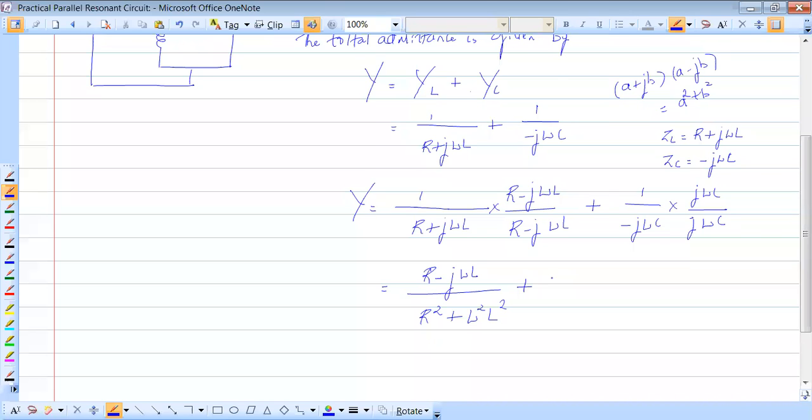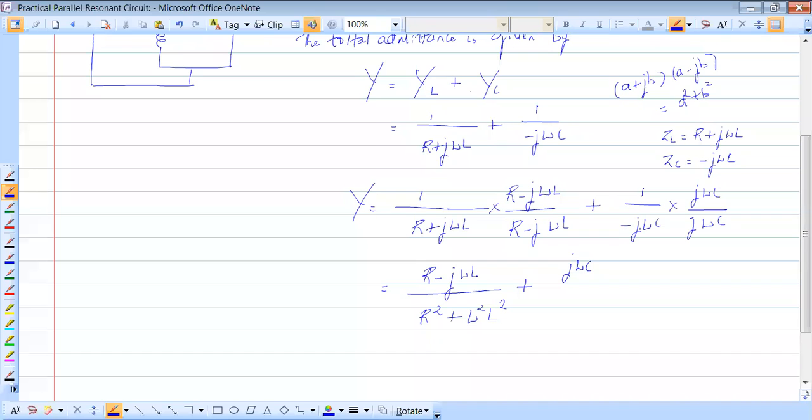What would be the second term? You have j omega c in the numerator. This plus j and minus j would be what? So this is minus and you have j square, right?